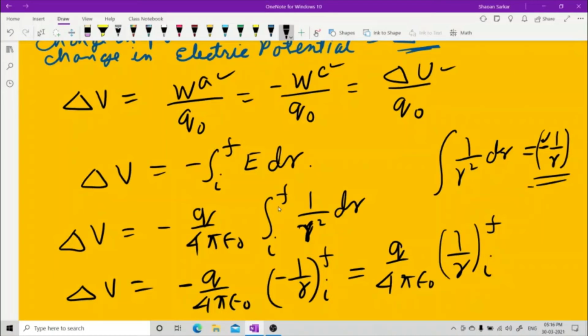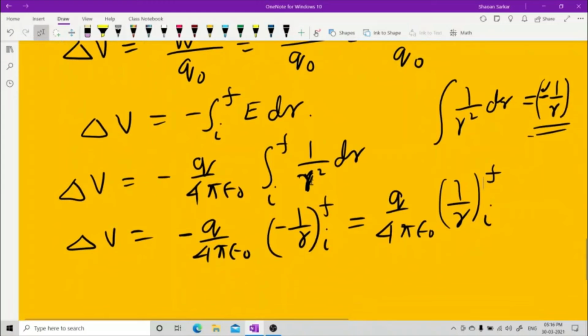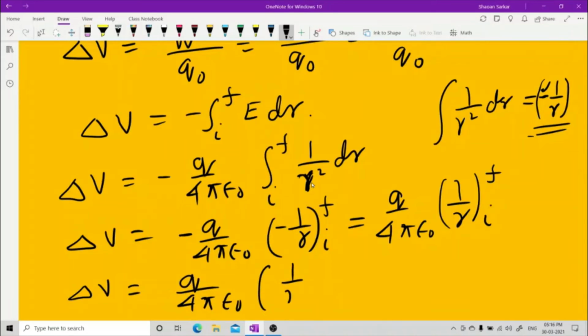Because the minus sign of this and there is a minus here, these two minuses will give me plus. Now delta V comes out to be exactly this: delta V is Q upon 4 pi epsilon naught, 1 upon R final minus 1 upon R initial.